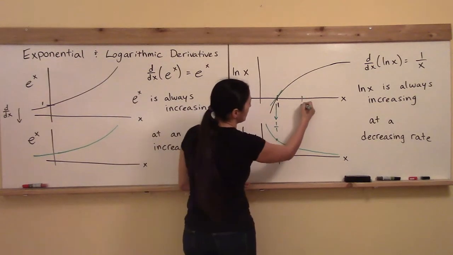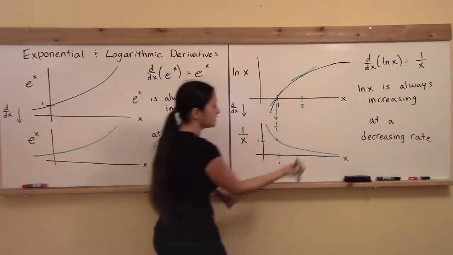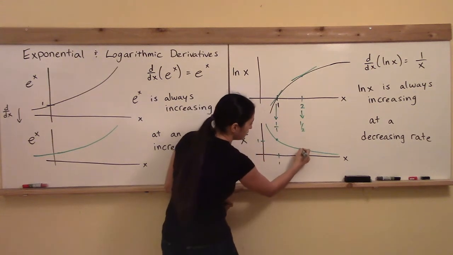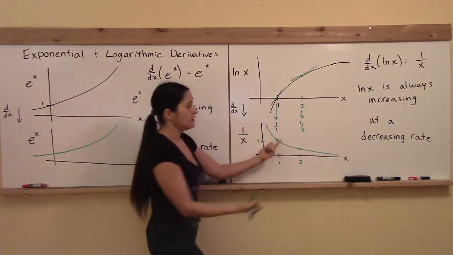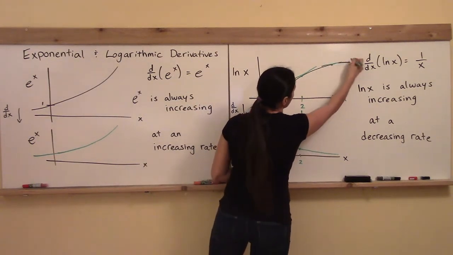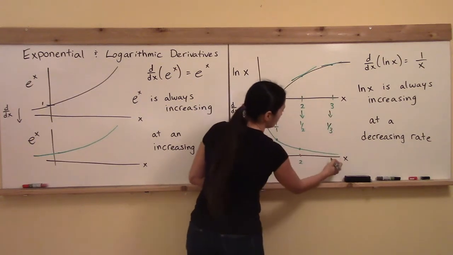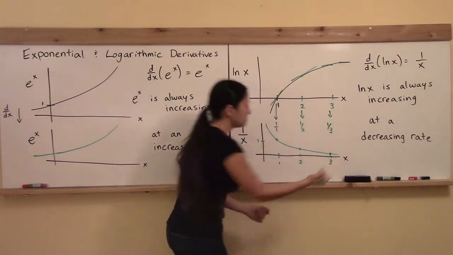Now if I moved over to x equals 2, and I considered the slope of the tangent line at x equals 2, that's going to be 1 over 2. So you see that's gone down by half. Here's 2 and here's a half right there. And then if I move over some more, x equals 3, you can see that the slope of the tangent line is even shallower. And in fact, the slope is 1/3, and there's the number 1/3 on the line right there.